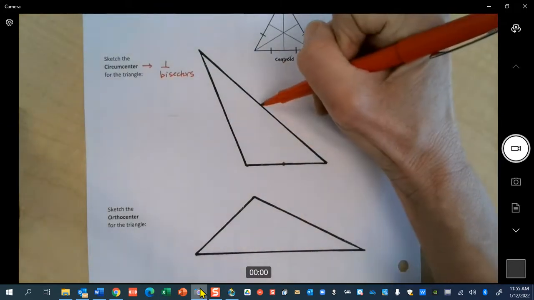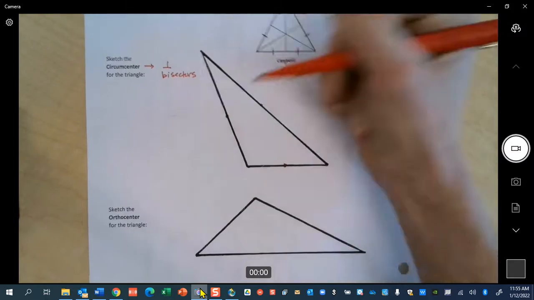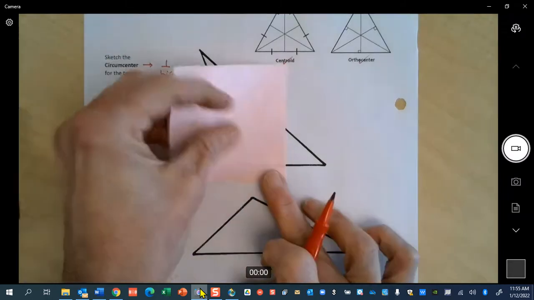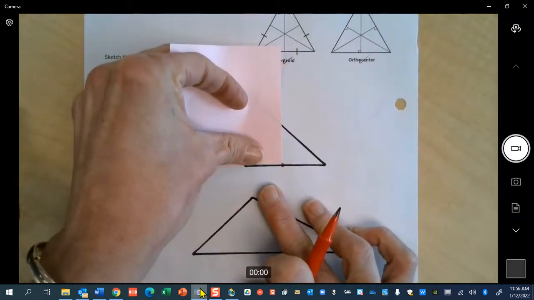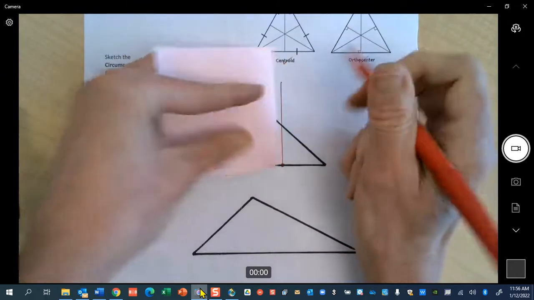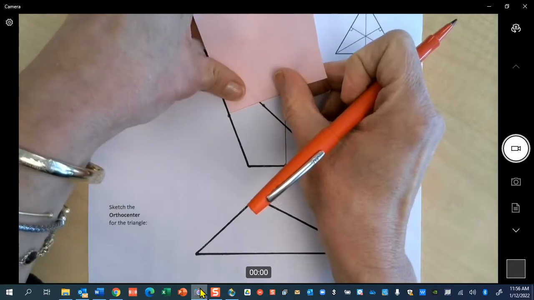Estimate where your midpoints are. And then if you need to use another piece of paper to estimate what a right angle would look like, go ahead and estimate where those perpendicular bisectors would intersect.